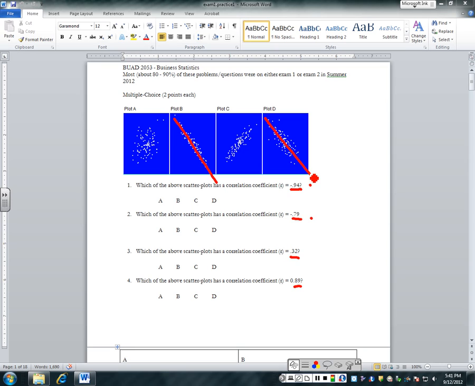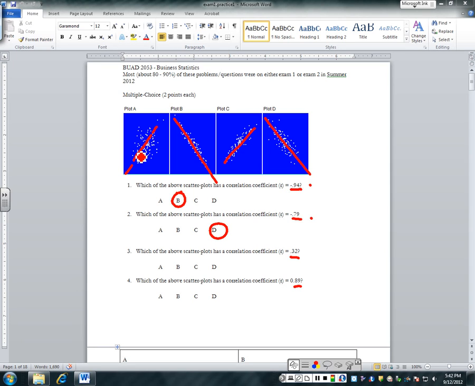And remember, the closer to either -1 or 1, in this case the closer to -1, that means that the points are close to the line. So plot B is a lot tighter to the line than plot D. And then the other 2 are definitely a positive and probably a positive, but pretty spread out around that.